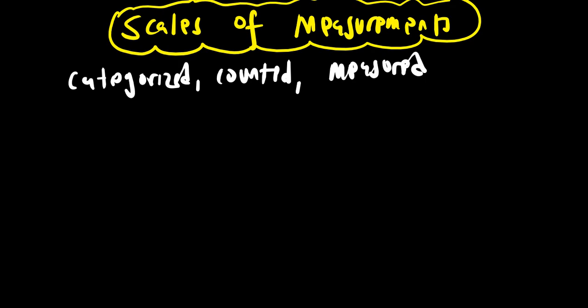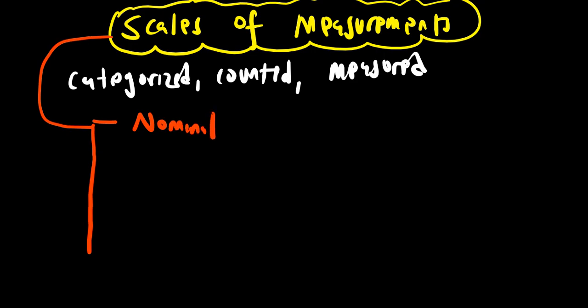Now there are about four common types of scales of measurements that you need to know. Number one, you have to understand the nominal scale of measurement. You also have to know the ordinal. You have to understand the interval.